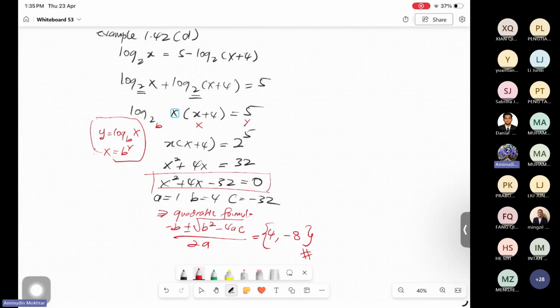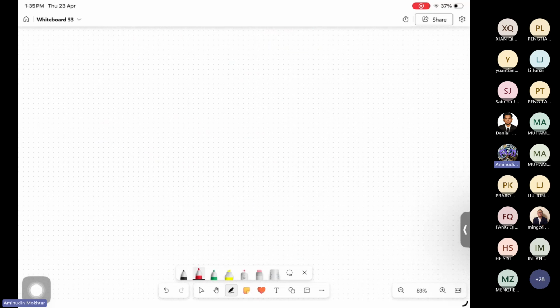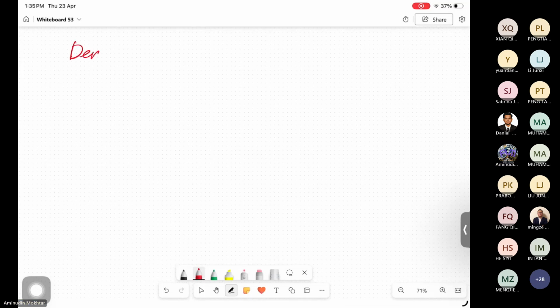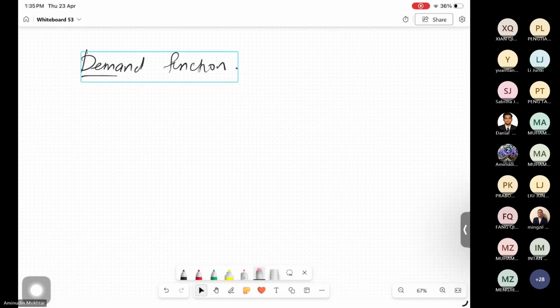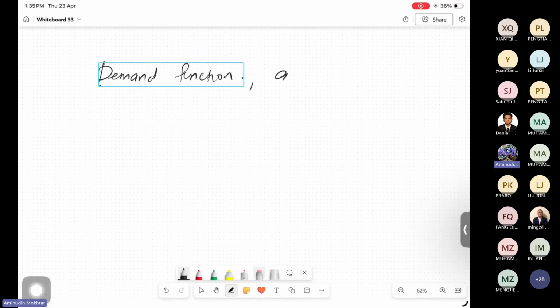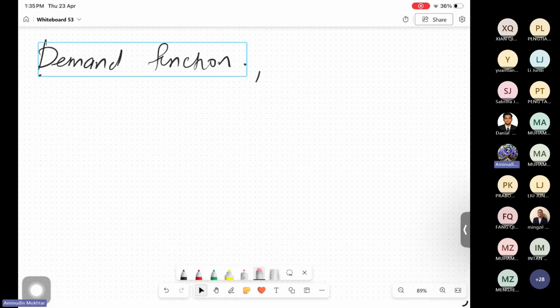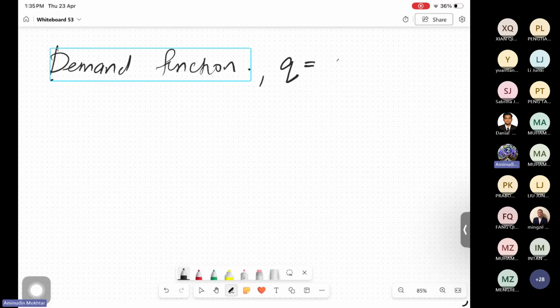Given the demand function, Q equals 18 minus 2 to the power of P. That is a demand function, Q in terms of P.